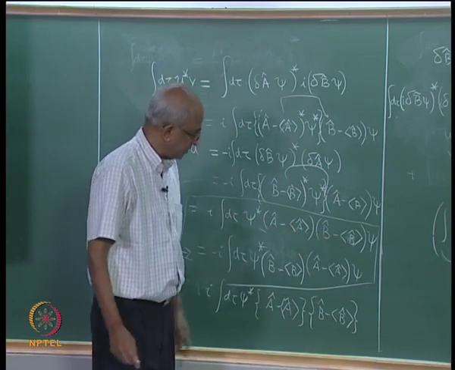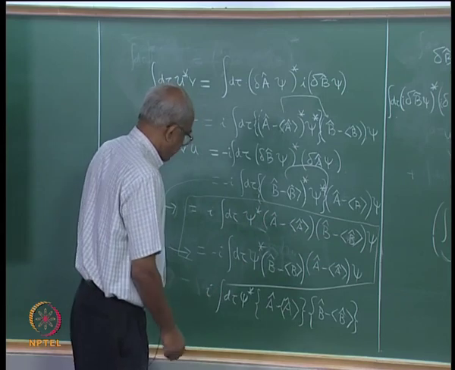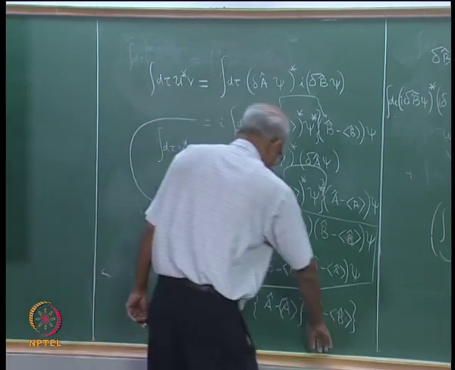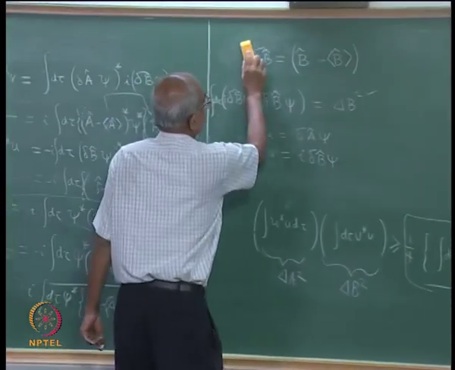I have just written the first term and I have to write the second term. Unfortunately, there is no space there. So, maybe what I will do is I will write the whole thing up here.